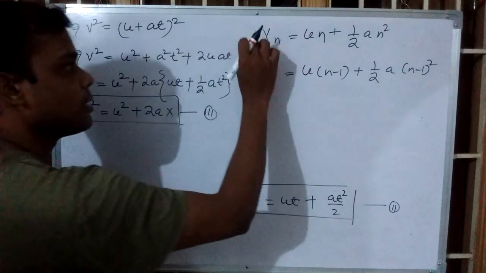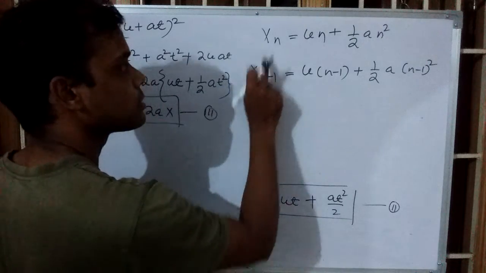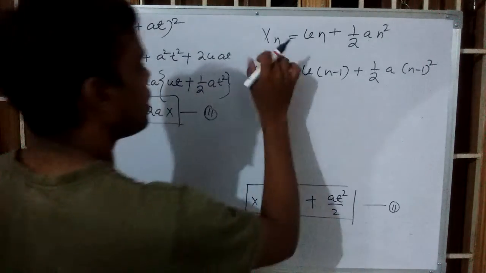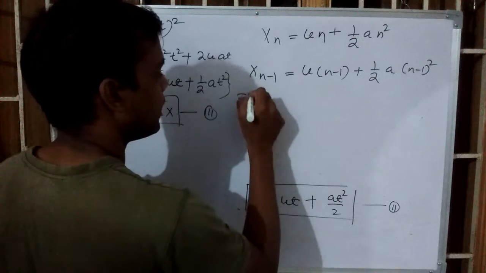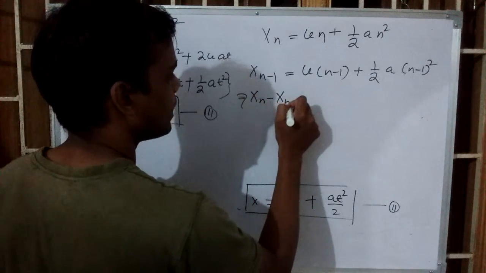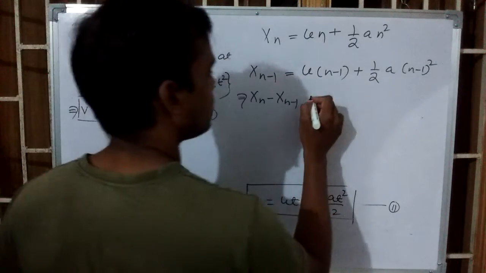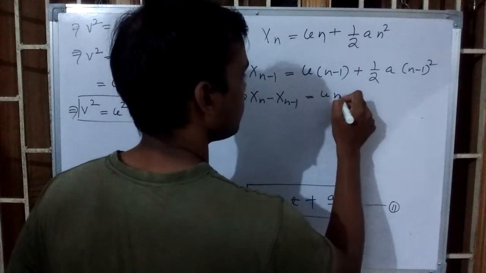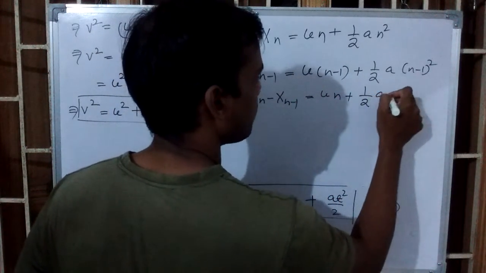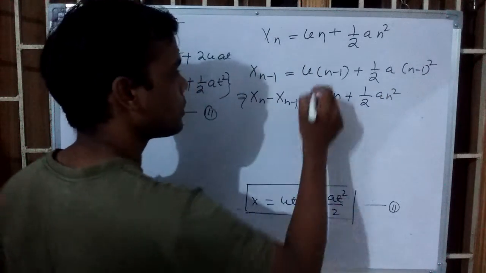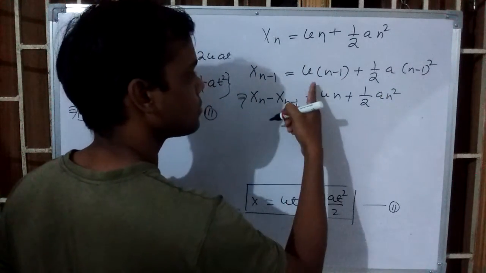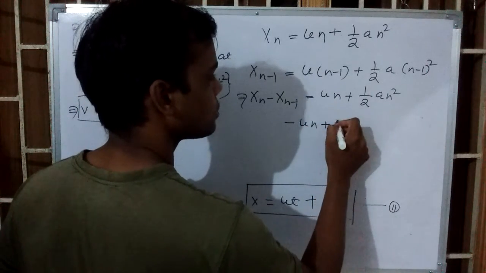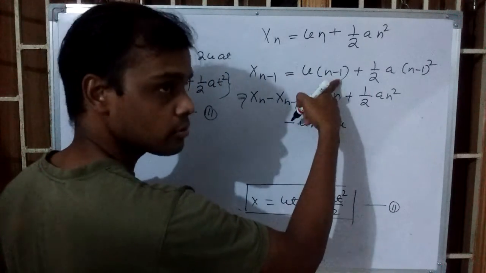If I subtract this equation from this one, what will be the result? It will be xn minus xn minus 1 is equal to this minus this. First I will write this one, un plus half a n square, minus this: un minus u.